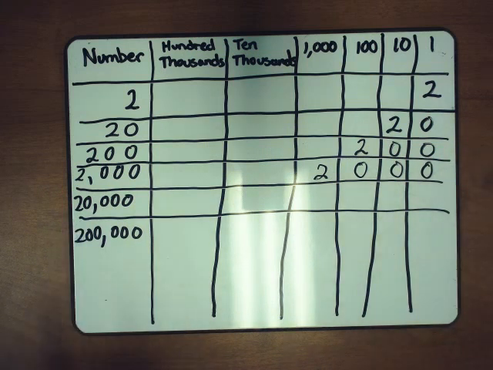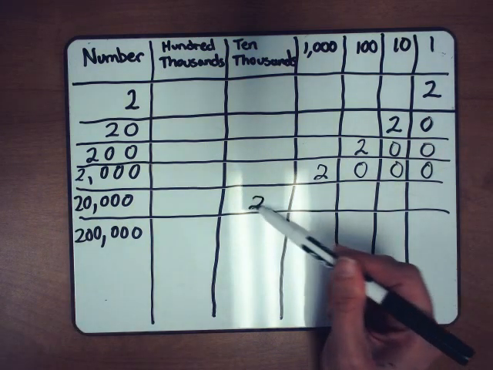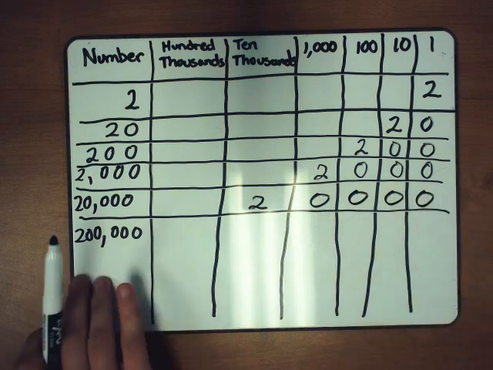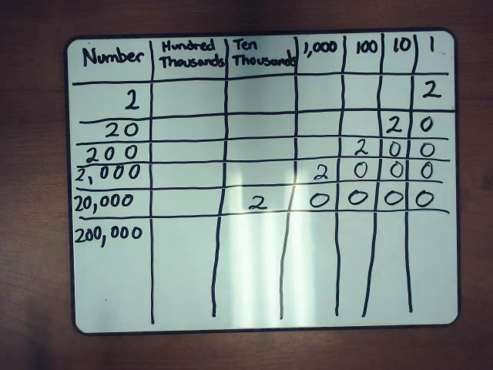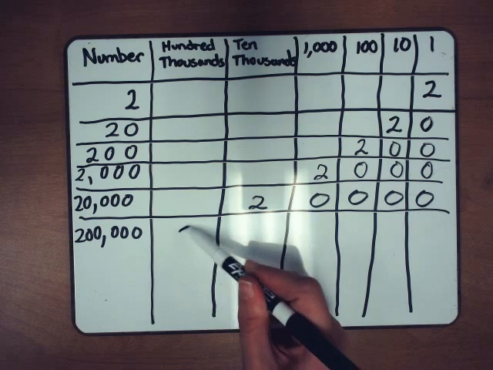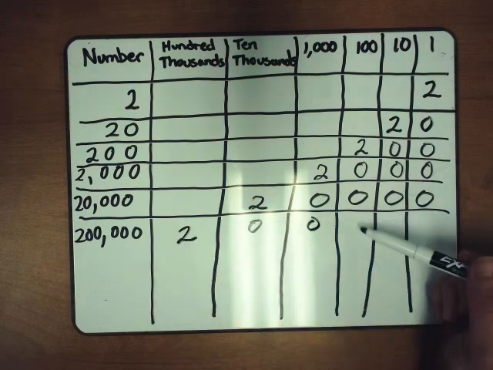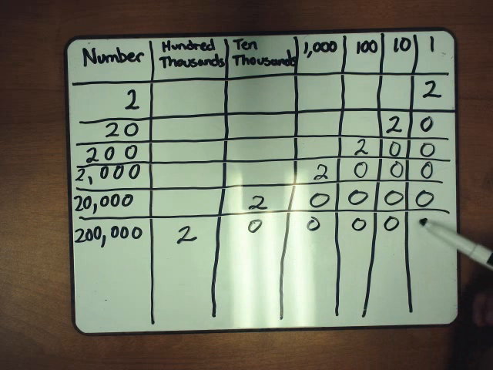A 2 in the 10,000s column, and a 2 in the hundred thousands column. 0 ten thousands, 0 thousands, 0 hundreds, 0 tens, and 0 ones.